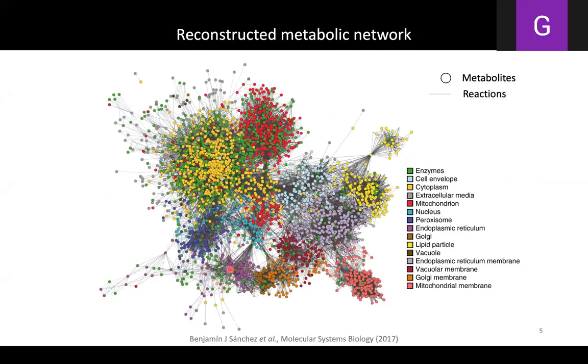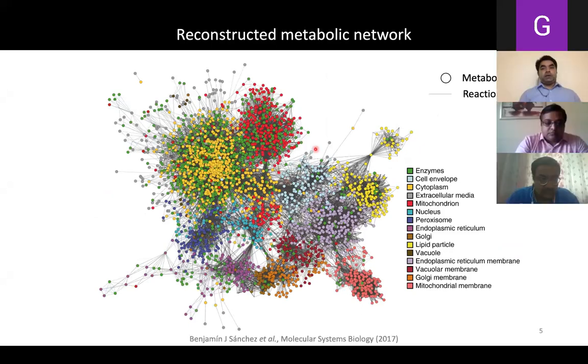If we visualize a metabolic model, this is what it looks like. These nodes and edges represent reactions and metabolites, and the color of the nodes differentiates metabolites based on compartments.